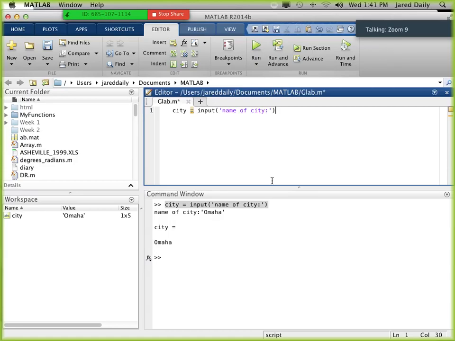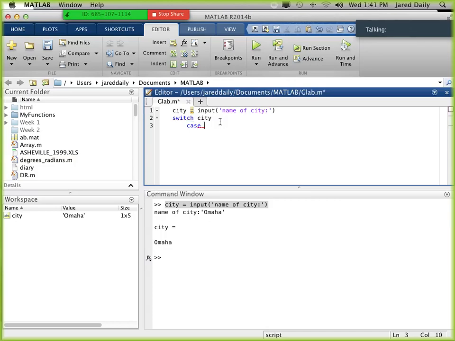Okay, so in this case, we're going to start off with this input, this city, and then we're going to start with this switch, which is going to be highlighted in blue because it's the beginning of a selection structure. We're going to do the switch city. Notice that I'm using the name of this variable here. So I'm switching city with something. Now I'm going to define some cases.